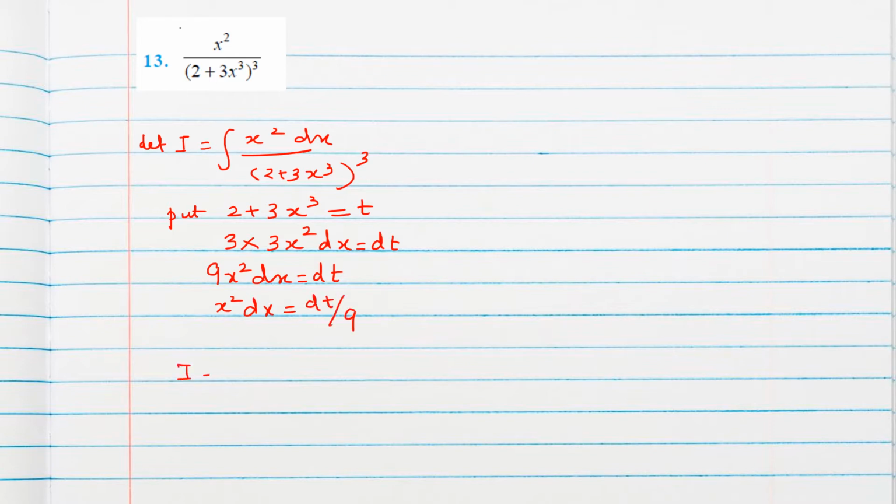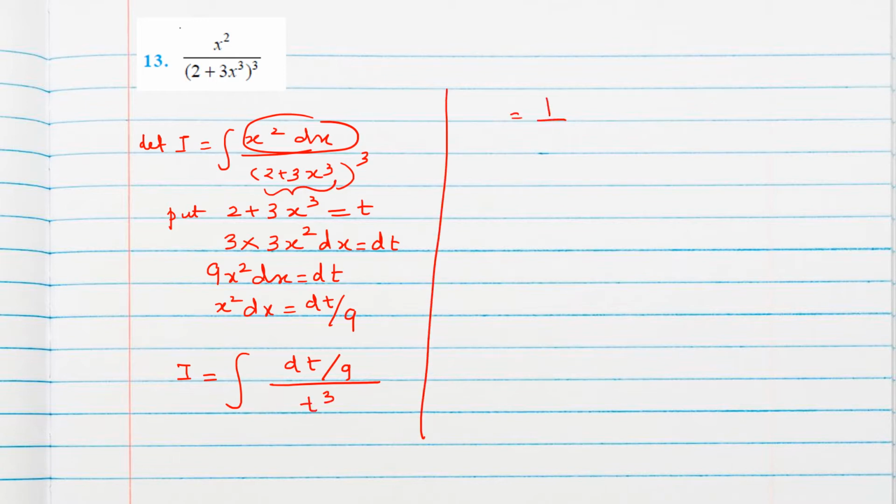So our integral will become dt by 9 for this, and for this bracket we'll write t cube. So 1 by 9 we can take outside, dt by t cube is there. If we take this t cube in the numerator, we can write t to the power minus 3.